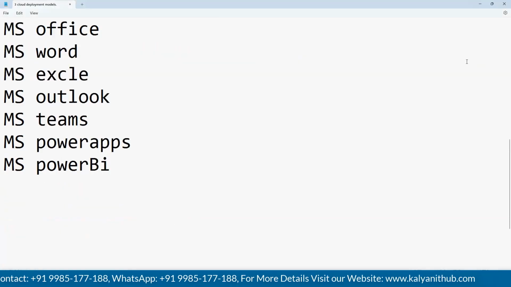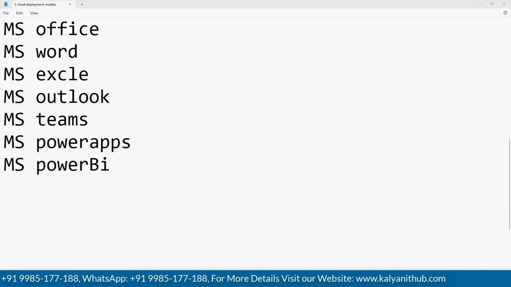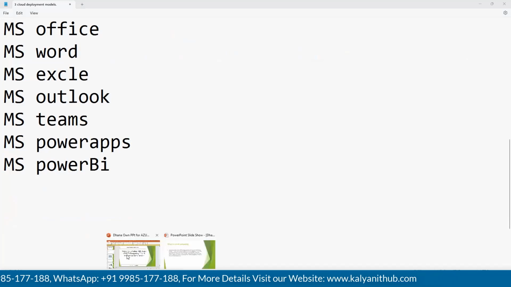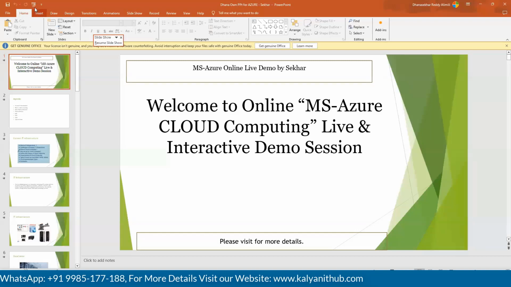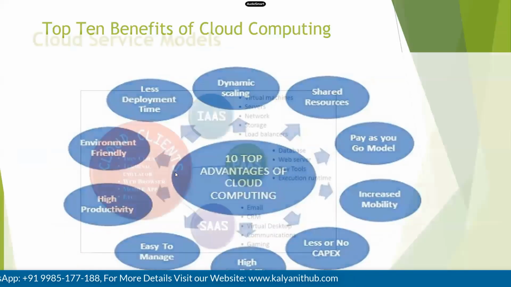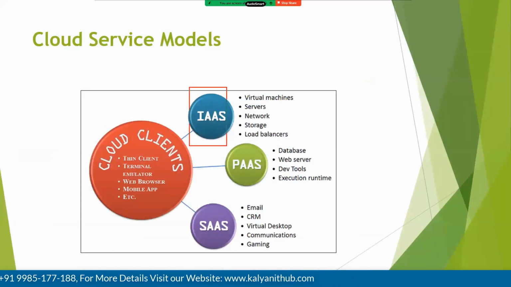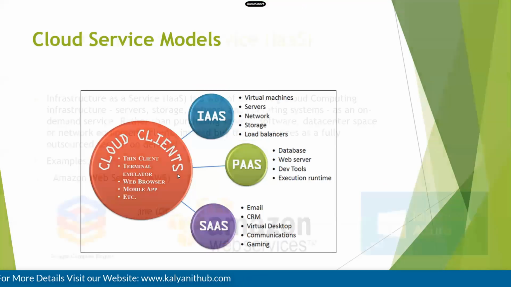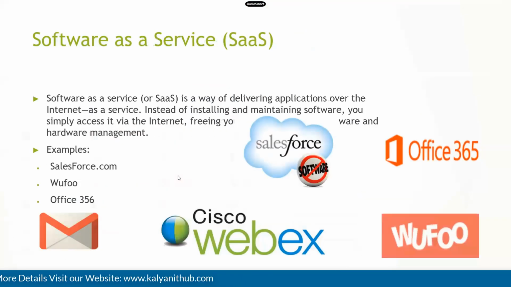That is the best example of software as a service. These are the three cloud service models: infrastructure as a service, platform as a service, and software as a service.